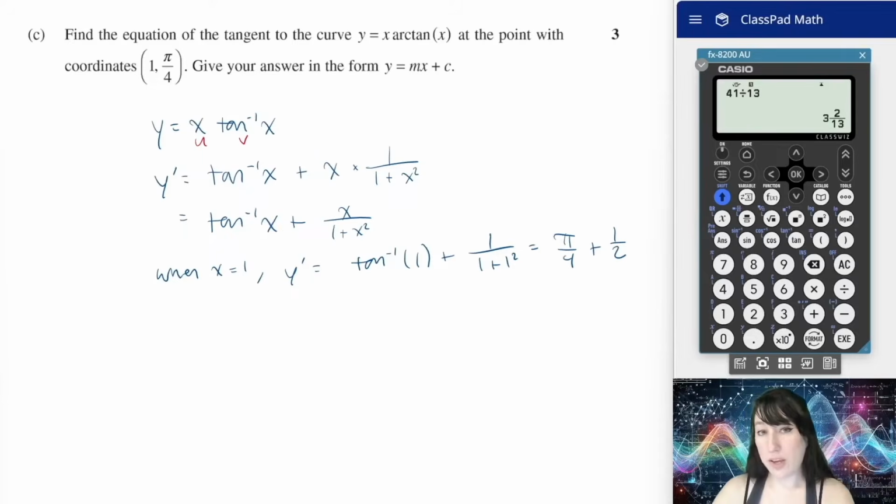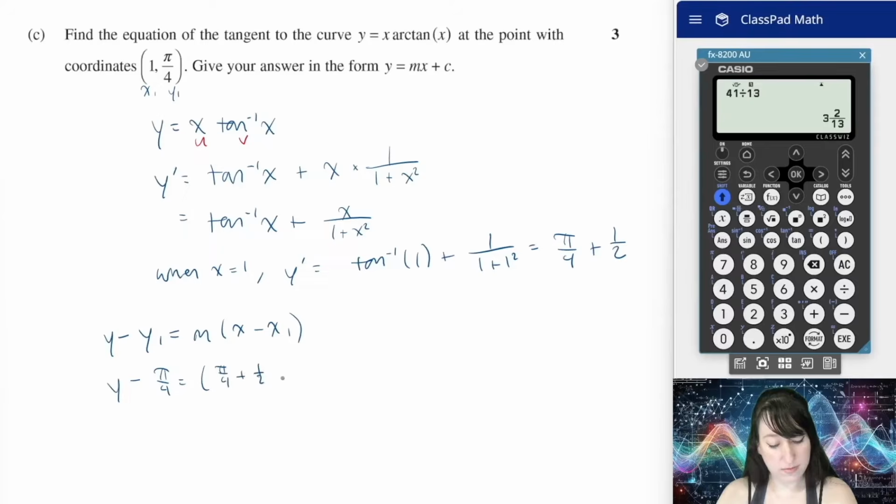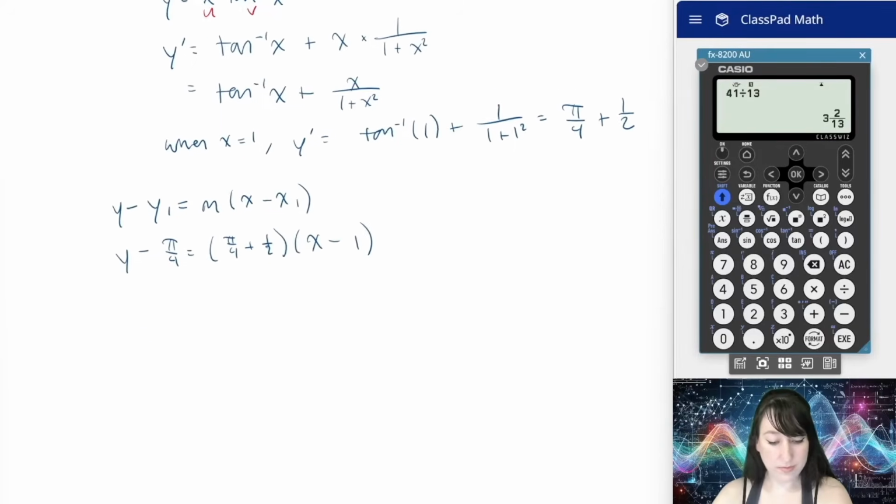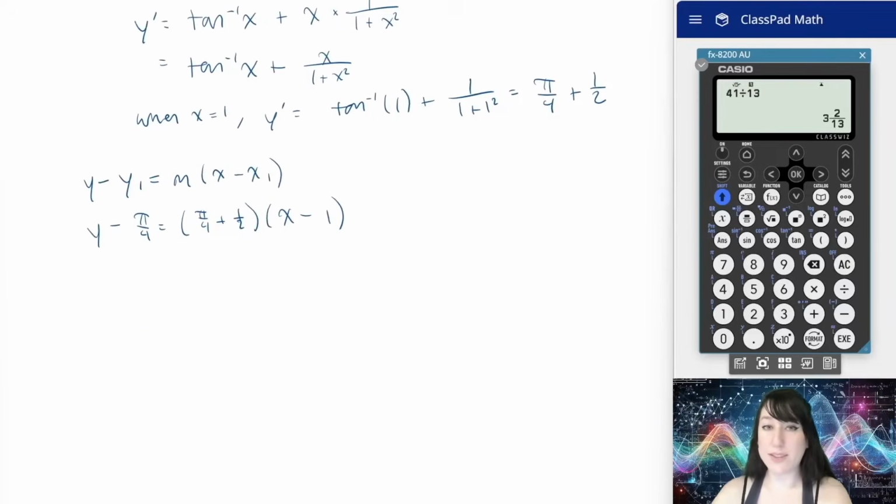So now let's use point gradient form to create the equation of that line. Of course, 1 is x1 and pi over 4 is y1. All right, and let's put that into y equals mx plus c form.